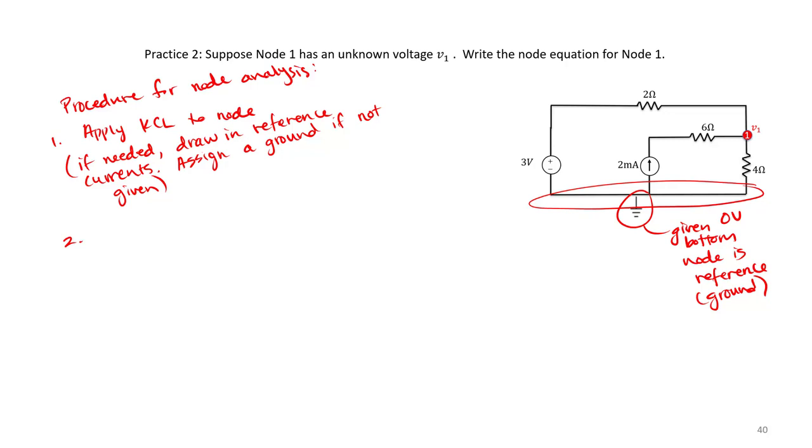So once we've applied Kirchhoff's current law, then we need to rewrite our Kirchhoff's current law equation in terms of the node voltages and resistances.